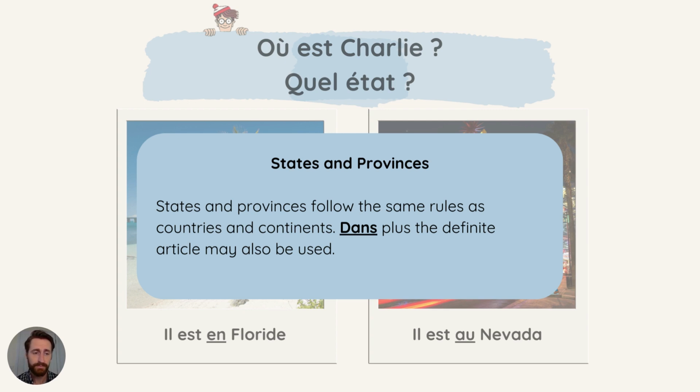That also works. So just remember that some American states have French translations, some don't. Generally, if they have a translation, I think it always is grammatically feminine. So Floride, obviously that means Florida, but it's grammatically feminine. Nevada does not have a translation and it's grammatically masculine.